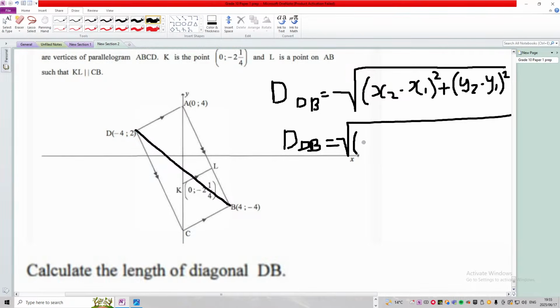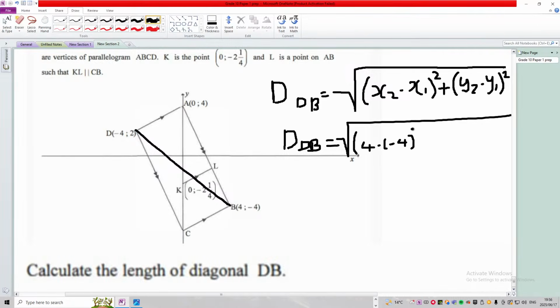So I have the big square root, x2 minus x1: 4 minus -4. Close bracket. This is now the mistake: you must close the bracket again and put the square there. I can guarantee you, you're going to make this mistake.